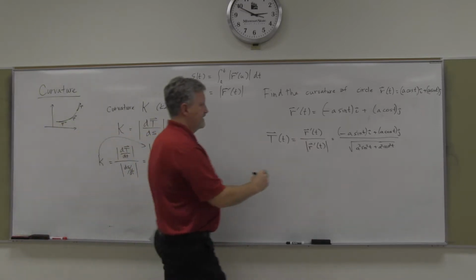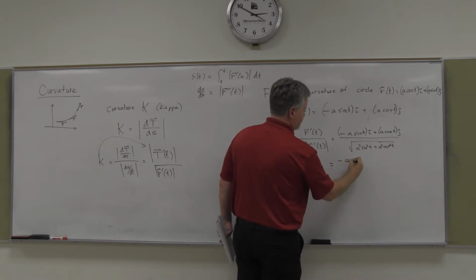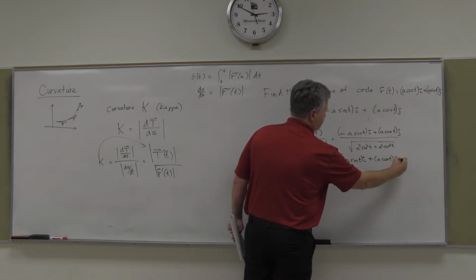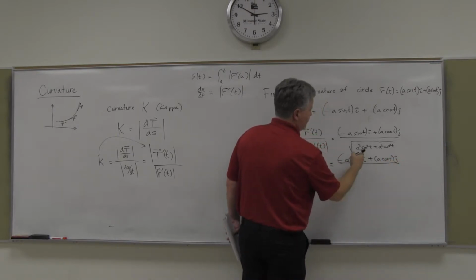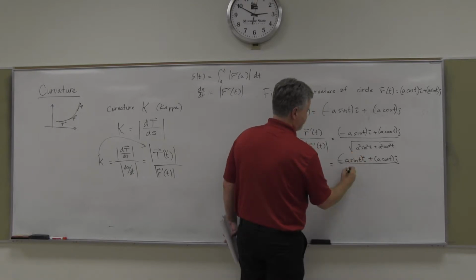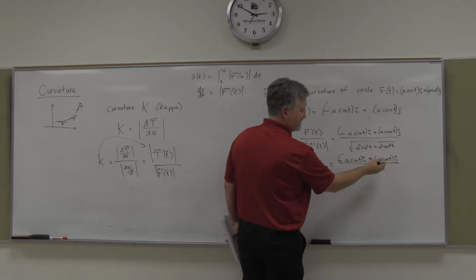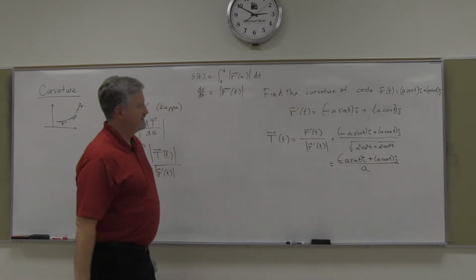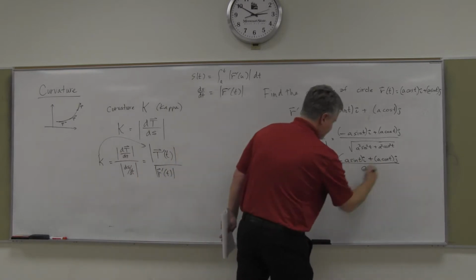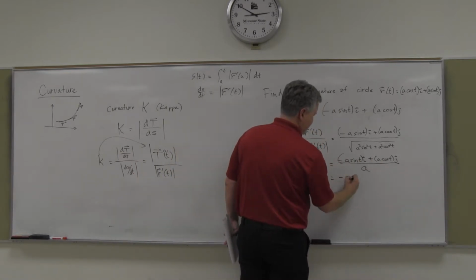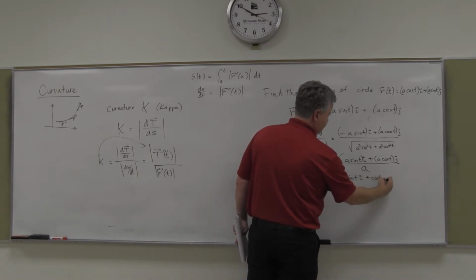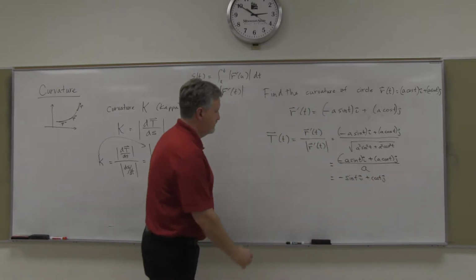Because that's going to work out pretty nicely. Factor off the a squared, sine squared plus cosine squared, square root of a squared. That's just going to be a, which works out nicely. That's just negative sine t i plus cosine t j, because the a's just cancel out. So that's our unit tangent vector.